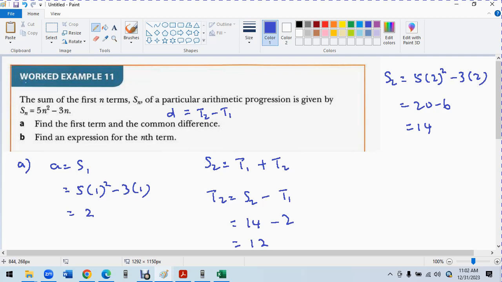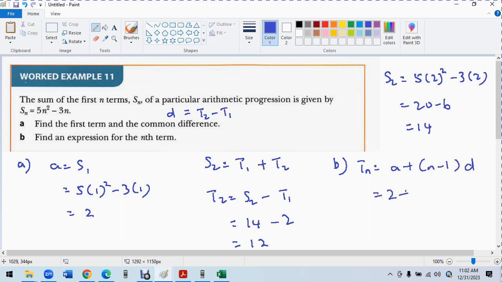And then part b, they want us to find the expression for the nth term. There are two ways to find this. The easier one is Tn equals a plus (n minus 1) times d.